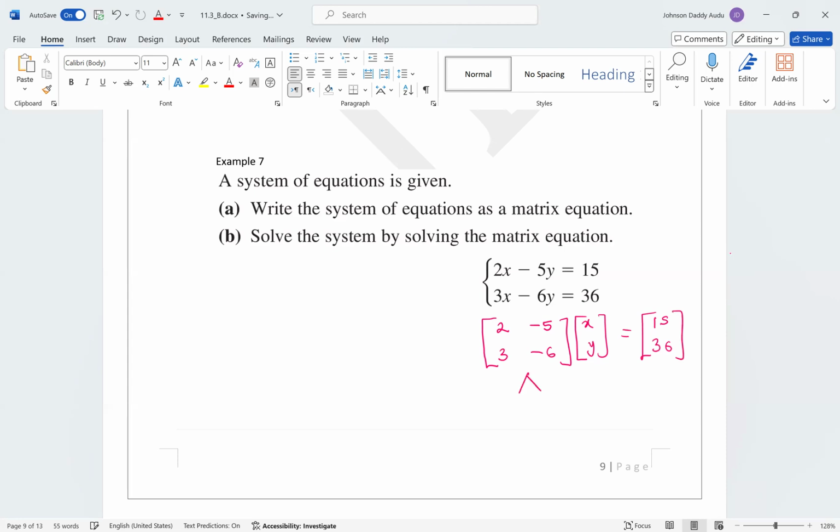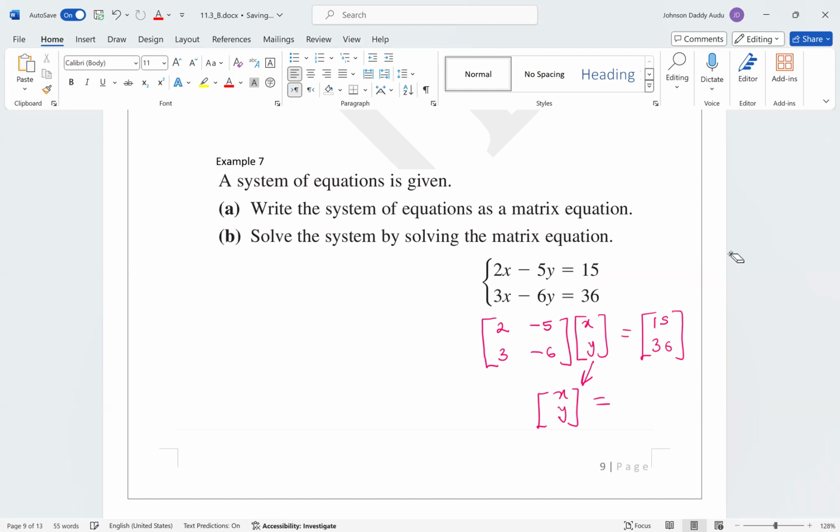So in this case, this is our matrix A and this is our matrix X. So simply, if I want to find this one, I need to multiply both sides by the inverse. So XY is just going to be the inverse of this.